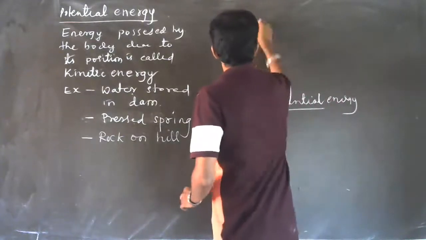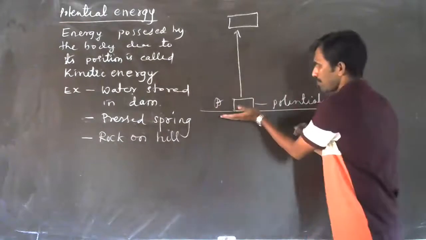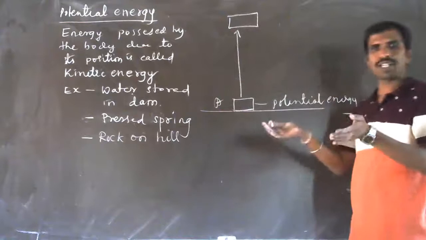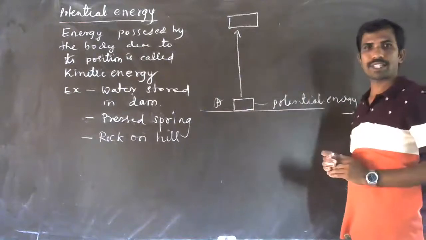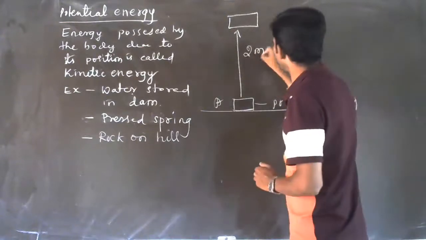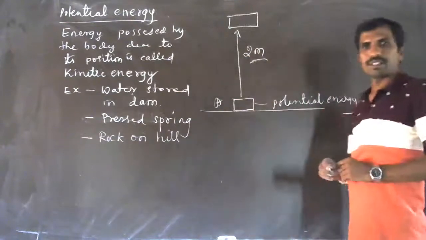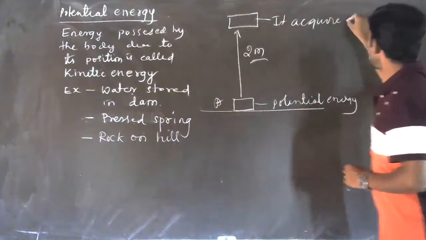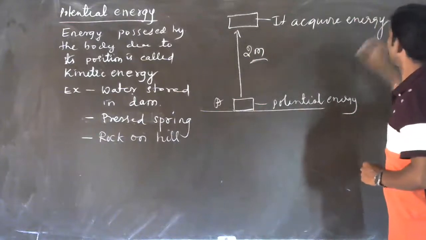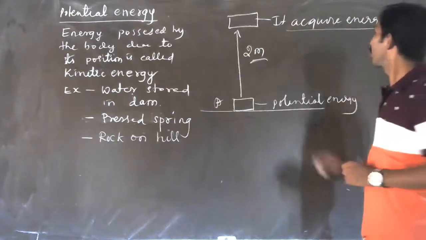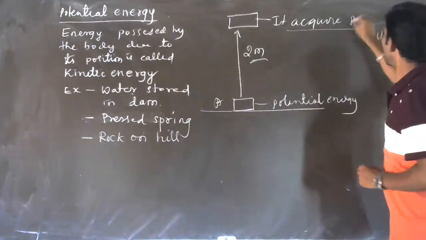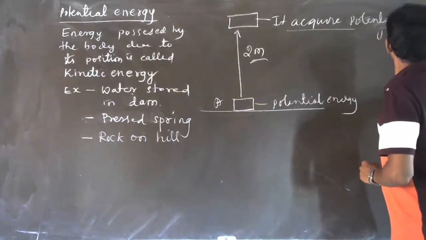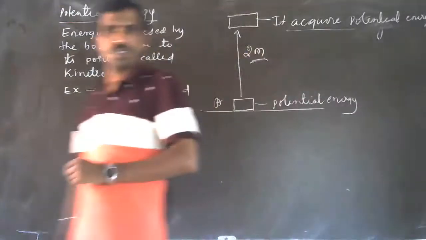On the floor you are keeping an object, and you lift that object and keep it at a certain height, like 2 meters. Then it acquires potential energy. Understood? So this is the potential energy.